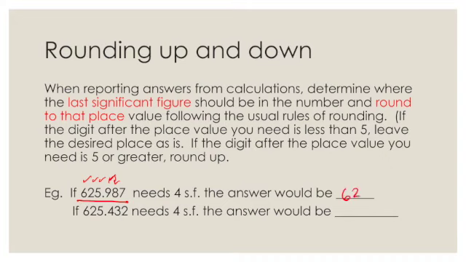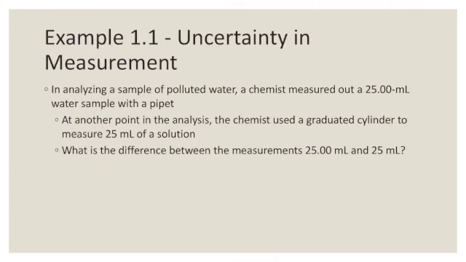So this is going to land up being 626.0, because when we rounded the 8 up to the 9, that became 10, so we had to add on to that. So normal rounding rules. This one needs 4 sig figs and no rounding is going to happen, so it's going to be 625.4.